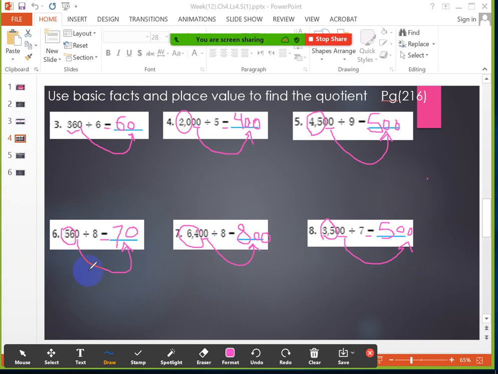Okay, girls? Now, if you finish, girls, please type 1 in the chat. If you don't finish, please type 0 because I want to move to the next exercise.